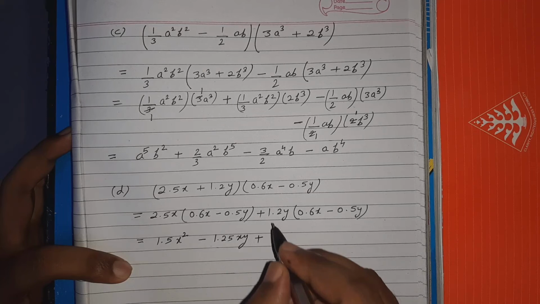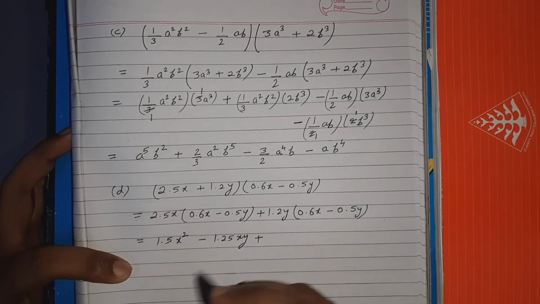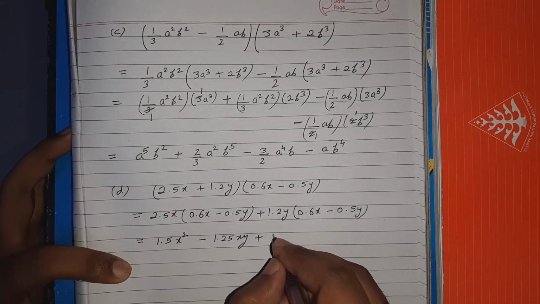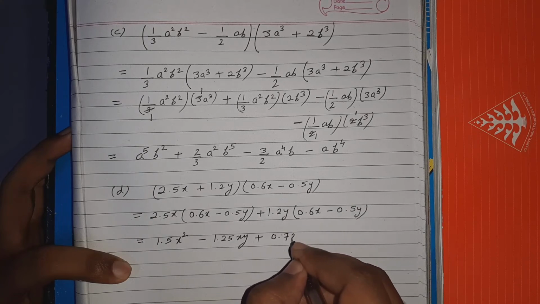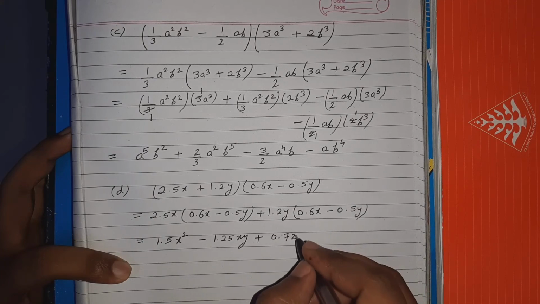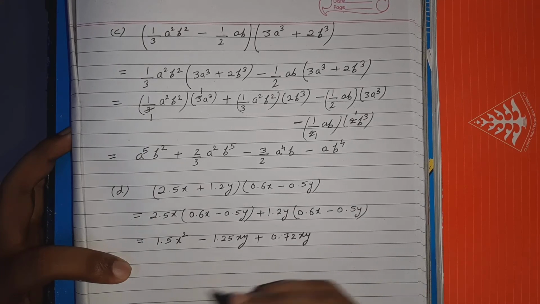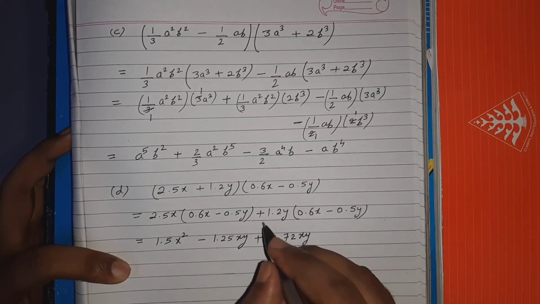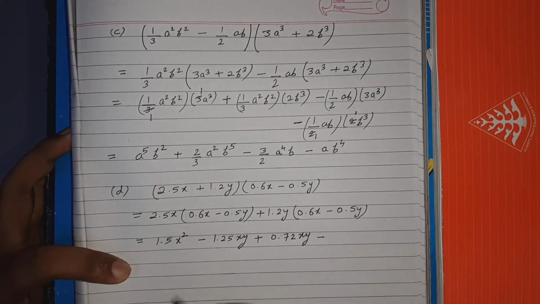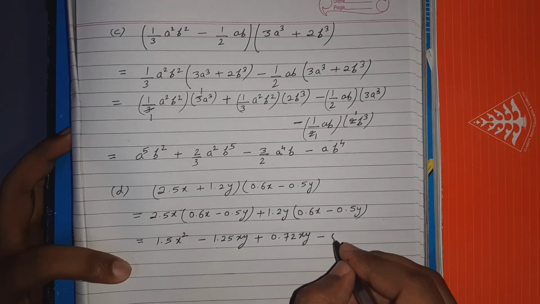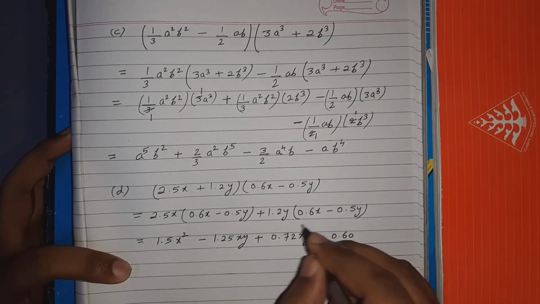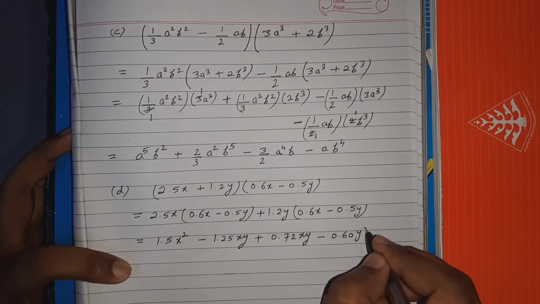And here 1.2 multiply 0.6, so it will be 0.72, and y multiply x, so it will be xy or yx. And here plus minus minus 1.2 multiply 0.5, so it will be 0.60, and y multiply by y is y square.